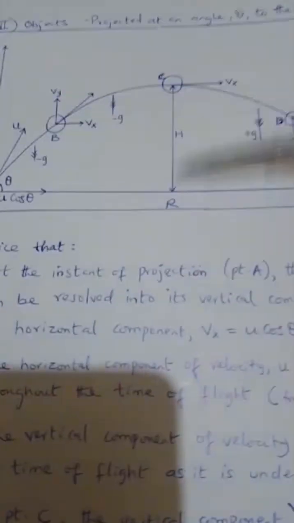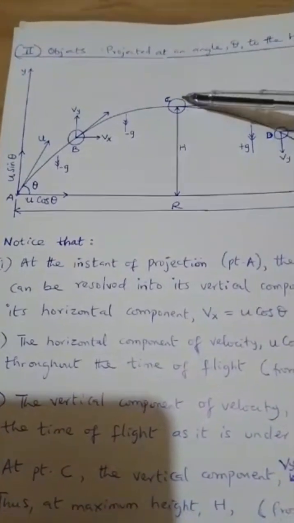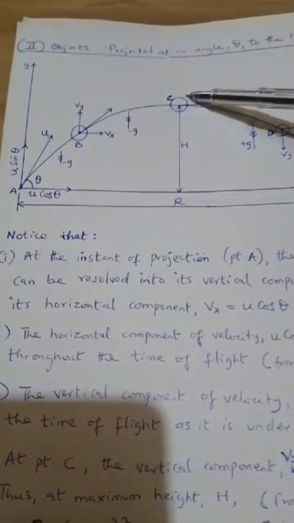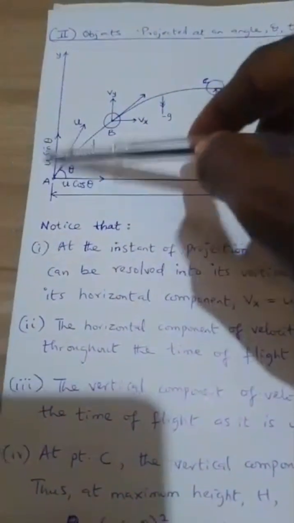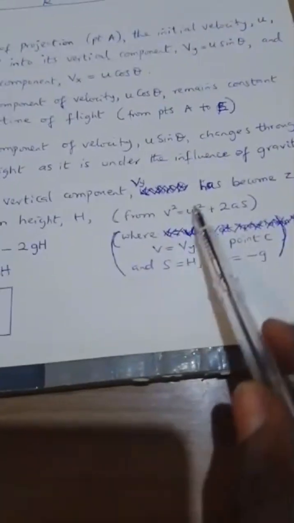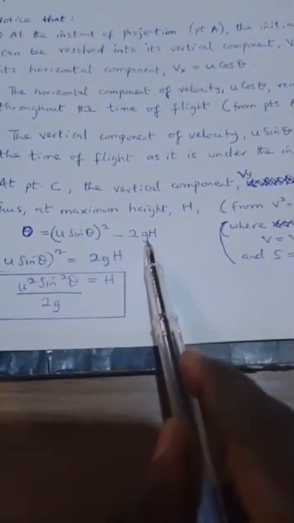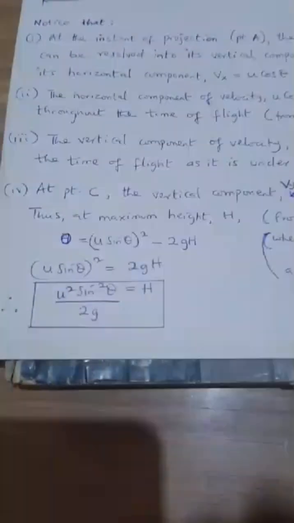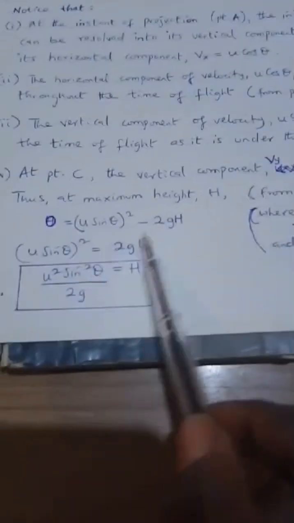We want to get the maximum height, knowing that at this point our vertical component of velocity is 0, compared to its initial value of u sine theta, squared because there's a square in the formula. Minus 2g is negative because gravity is pulling it down, in the negative direction. So plus becomes minus to show that it's decelerating the object.